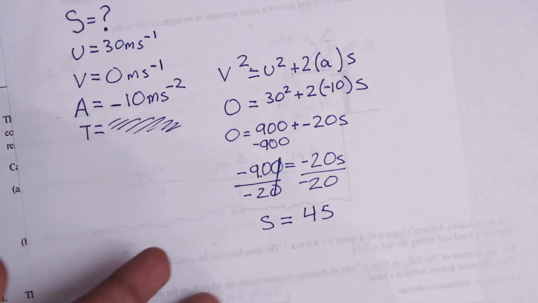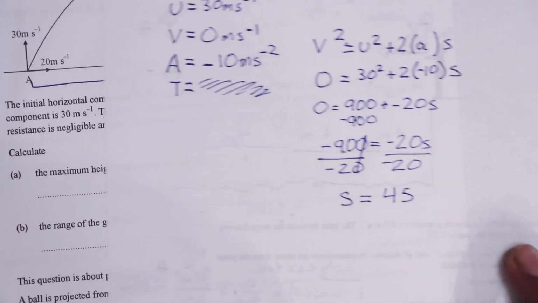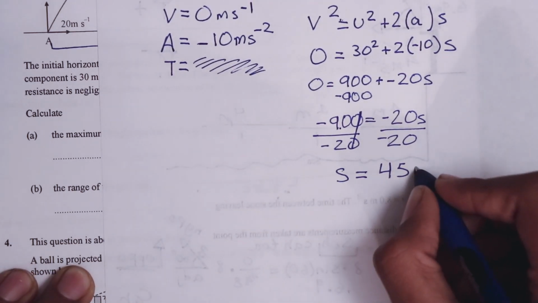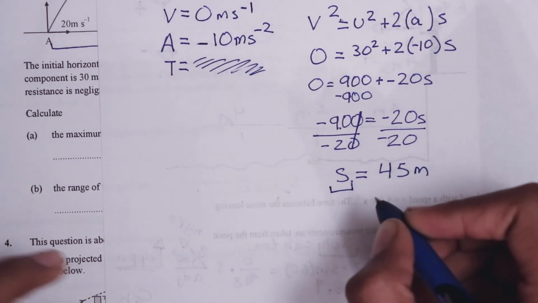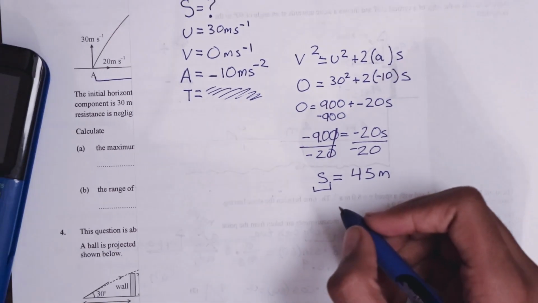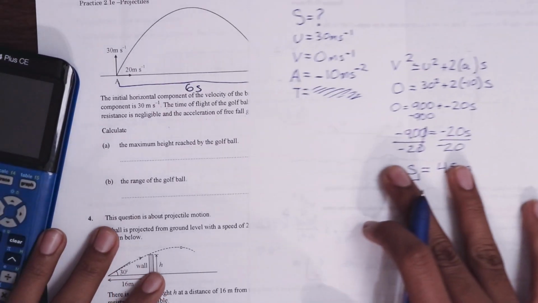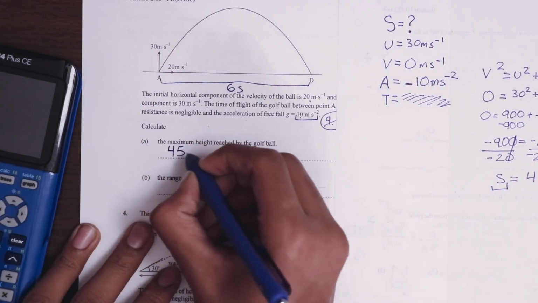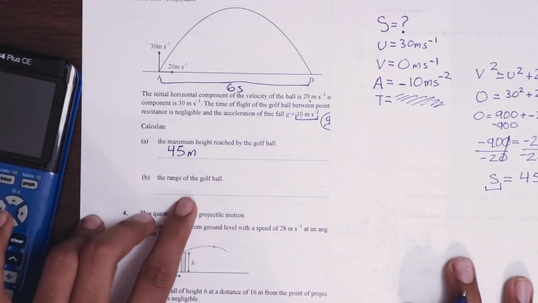What's half of 90? 45. So we just found out that this is 45 meters because this is displacement. So after doing all of that, we found out that the maximum height reached by the golf ball is 45 meters.